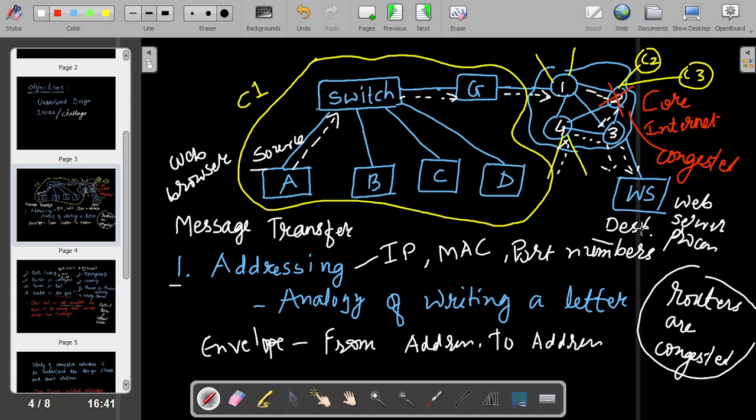So this web server is for the website abc.com, and the web server process is sending you the web page of abc.com.